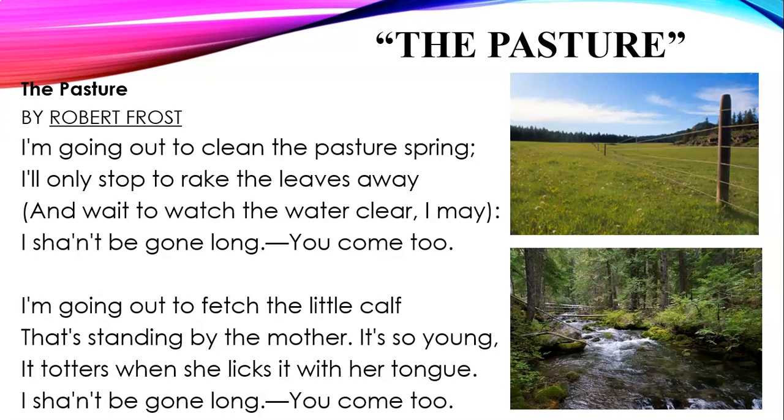And when the mom licks the calf, it shakes. And he's saying again, "I shouldn't take long, you come too." So yes, it appeals to our five senses. We can see the grass, we can see the water, hear the water, we can maybe taste the water because it's from a stream if it's drinkable. And how is he feeling? Well, he's feeling determined that it shouldn't take him too long.